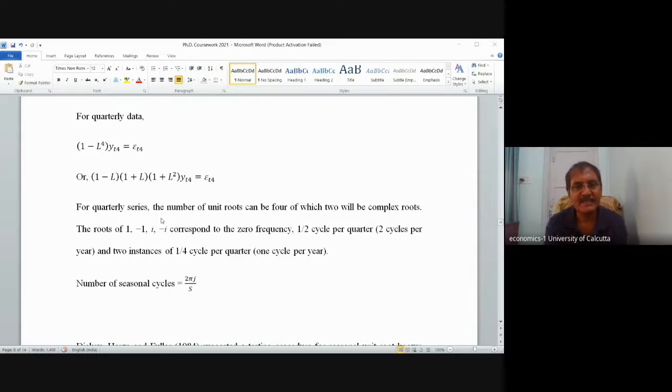Now, how many seasonal cycles can you get in a seasonal time series? You can keep in mind the formula: 2 pi j by s. This is the total number of seasonal cycles, where s is the seasonal frequency. So for quarterly data, s is equal to 4. If you put s equal to 4, it is basically pi j by 2.